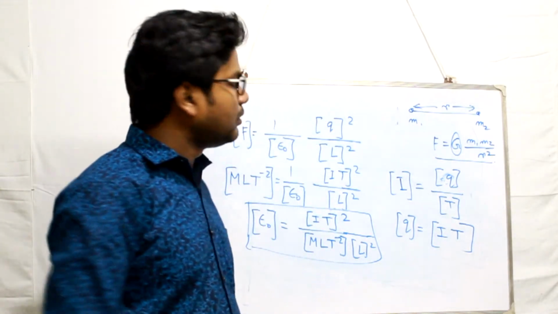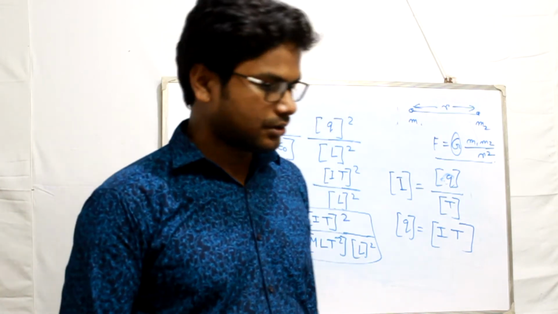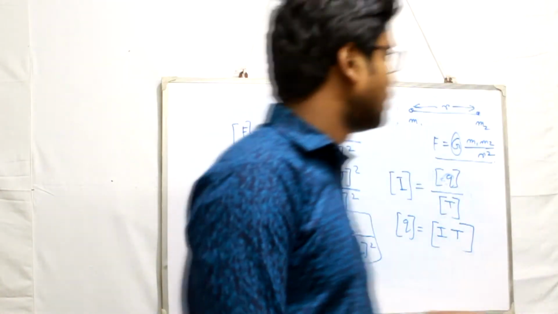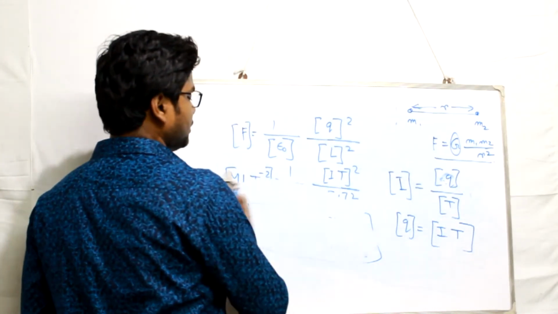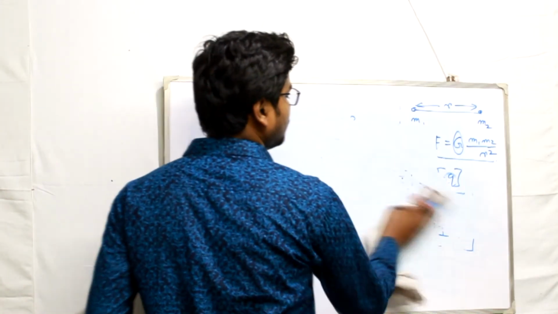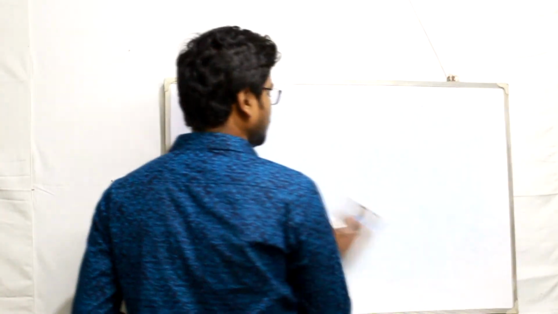Now we'll learn about quantization of charge and conservation of charge. What does quantization of charge mean, and what does conservation of charge mean? Quantization of any physical quantity means there is some least amount of the quantity below which we cannot go.